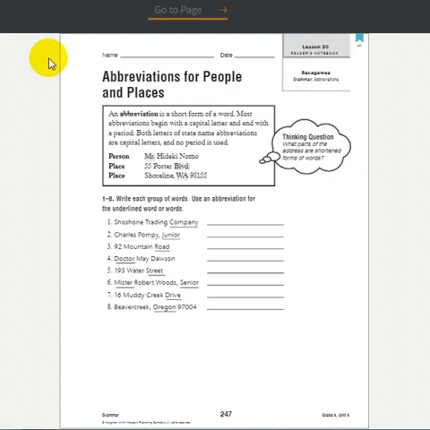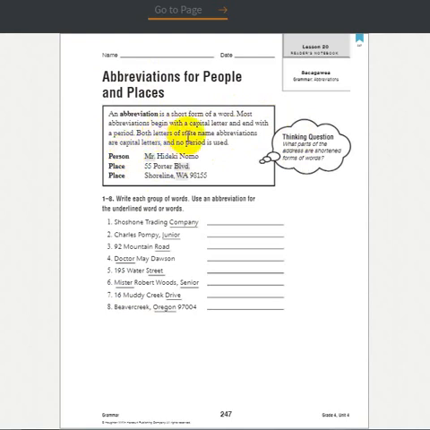So first, let's remind ourselves what an abbreviation is. An abbreviation is a short form of a word. Like how when we say MR period for Mr., or DR period for doctor. Most abbreviations begin with a capital letter and end with a period.